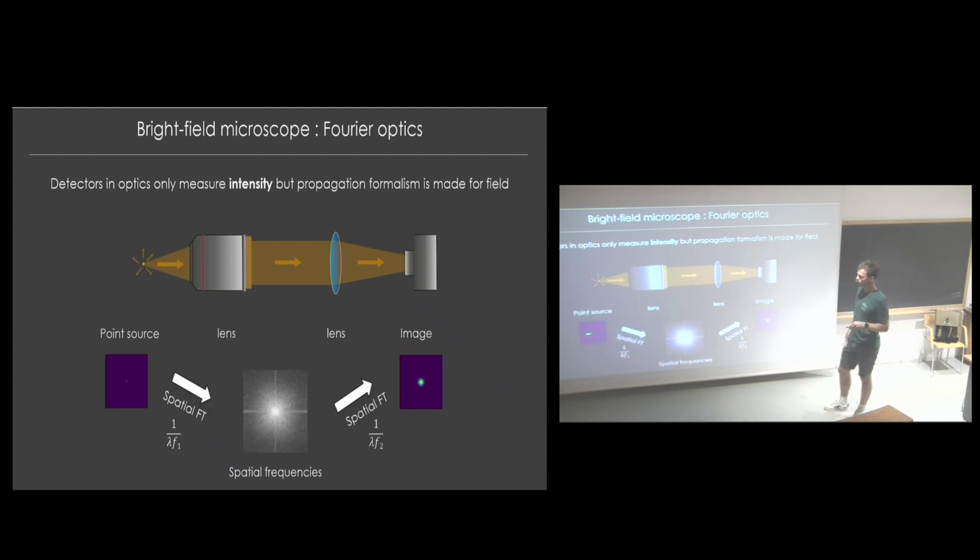And a lens actually just performs a spatial Fourier transform between the focal plane and the pupil plane, which is placed after. The first lens is performing a spatial Fourier transform, and it introduces some spatial frequencies, which scale with lambda, the wavelength, and the focal length of the first lens. And then the second lens is performing the same operation, a spatial Fourier transform, but now you are dealing with other spatial frequencies, and now you are introducing the focal length of the second lens.